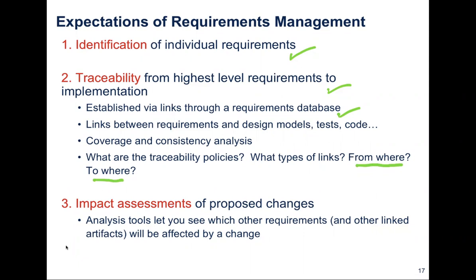After we provide a sustainable traceability scheme to identify the level of relationships between the requirements and other components, or even requirements and requirements, we need to come up with a strategy to understand the impact of the proposed changes in the system. In other words, we need to provide an assessment of such impacts.